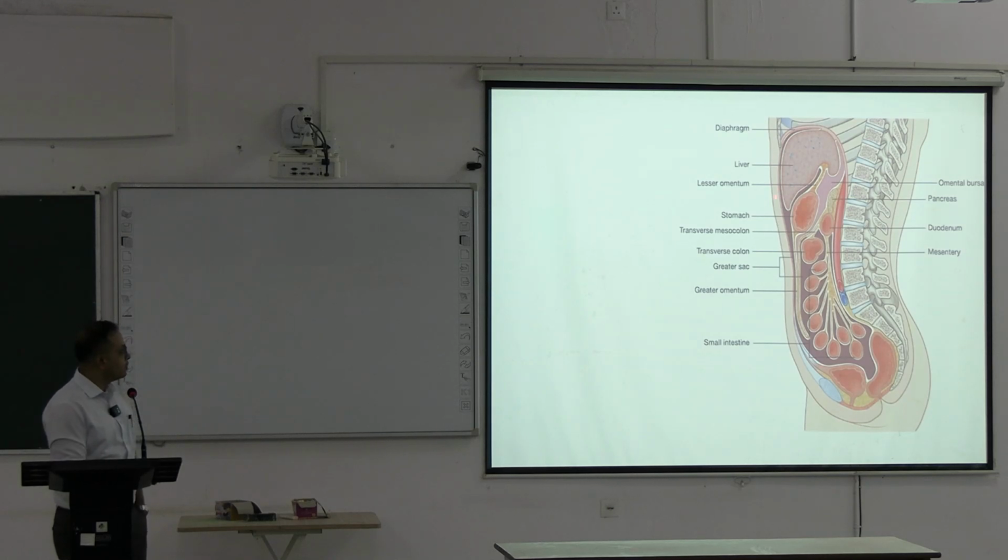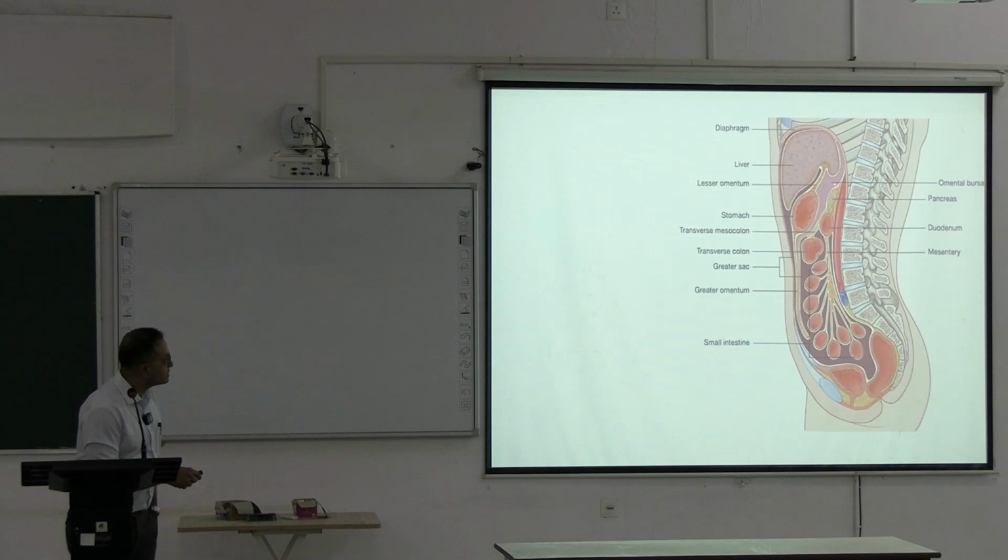This abdominal cavity can be divided into two broad parts. We call this peritoneal cavity by two broad names. All the abdominal organs are present inside this cavity as you are seeing here. We call that the greater sac. Everything you are seeing here is a subcavity of the peritoneal cavity, the greater sac.